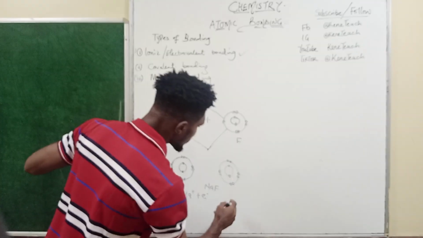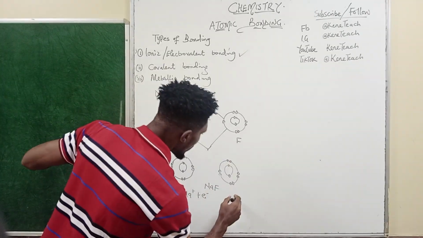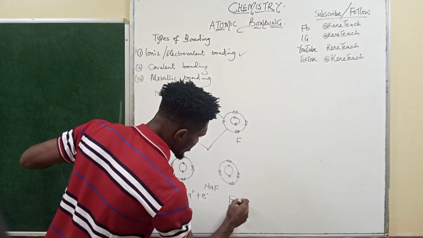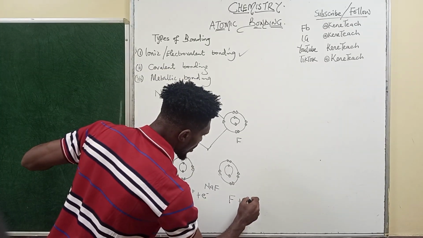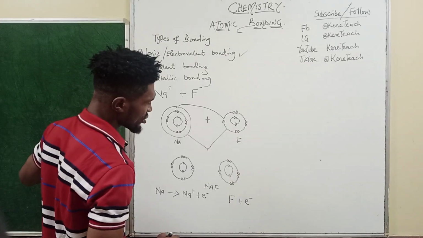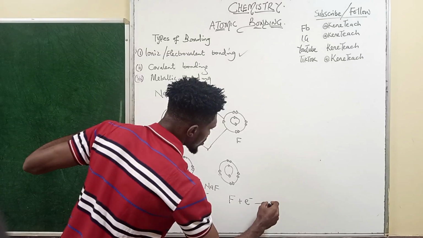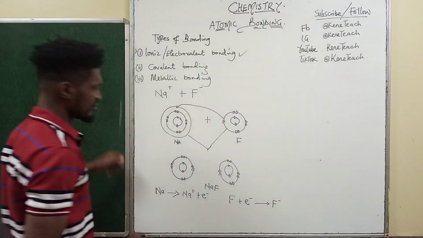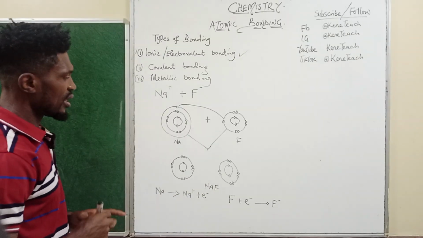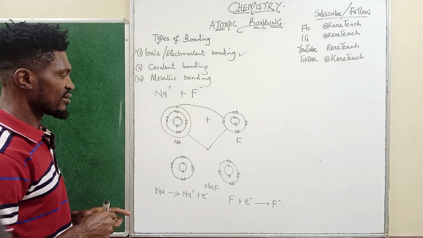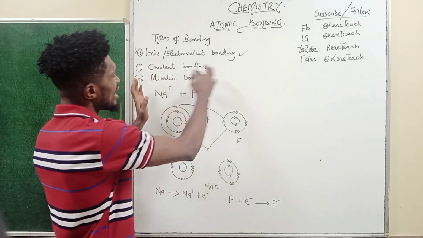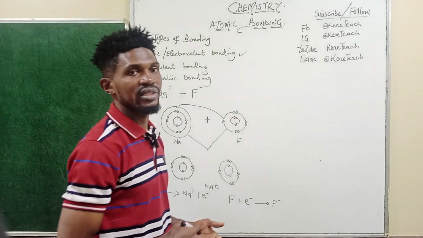But for the sake of fluorine, it accepted an electron, so we have minus, to form what? Fluorine ion. I don't know if this is clear. Right? So this is how it's been drawn. So this is the essence of ionic bonding.